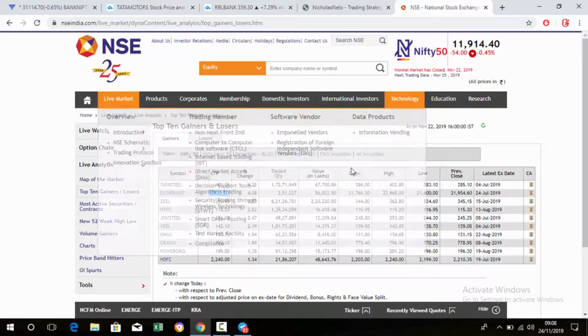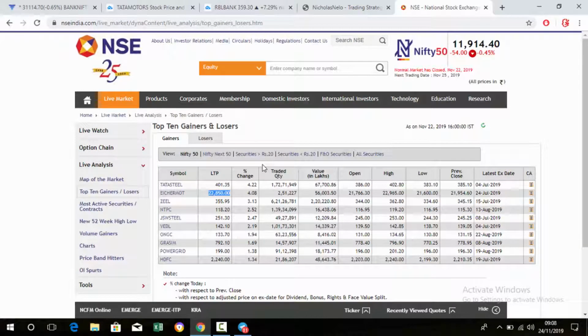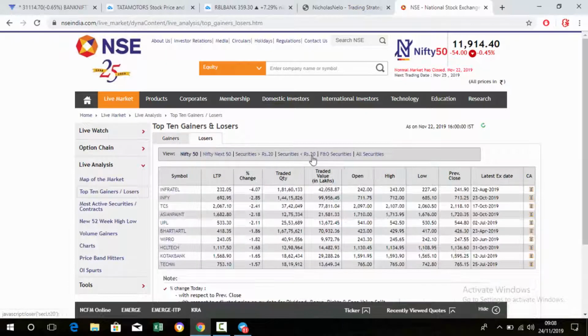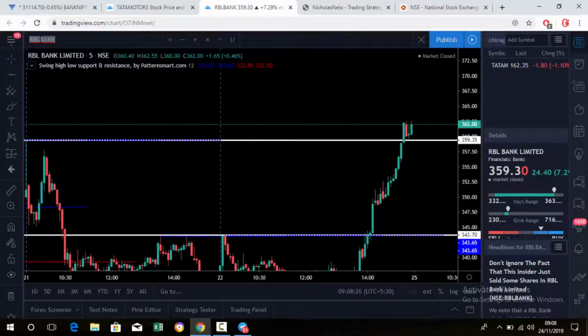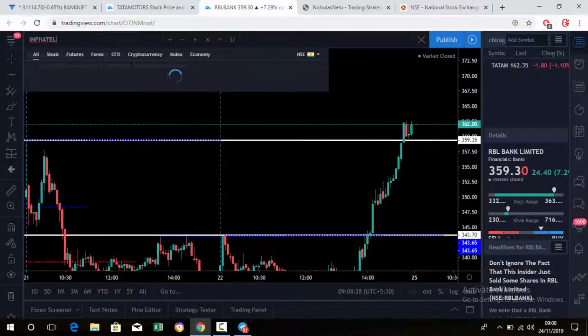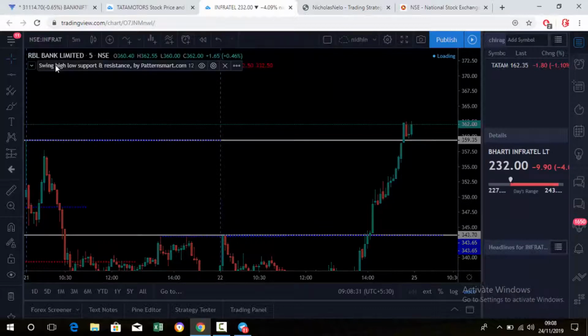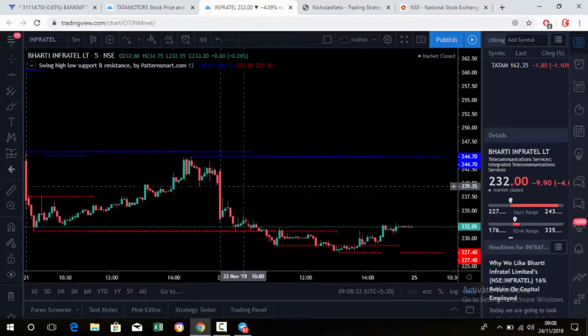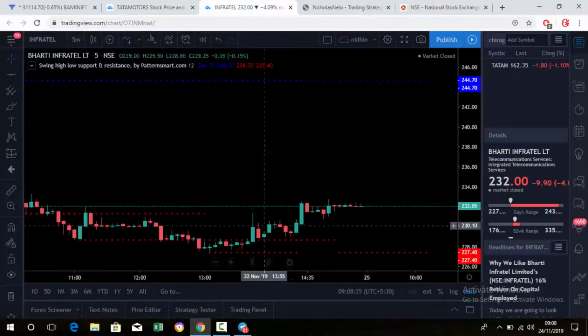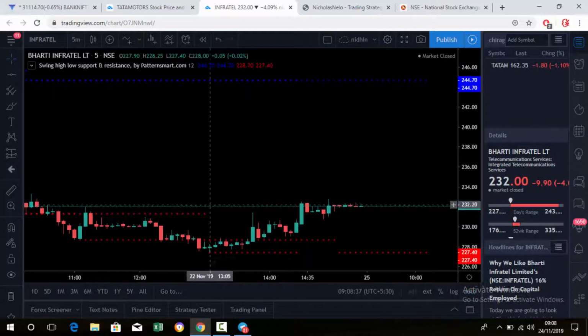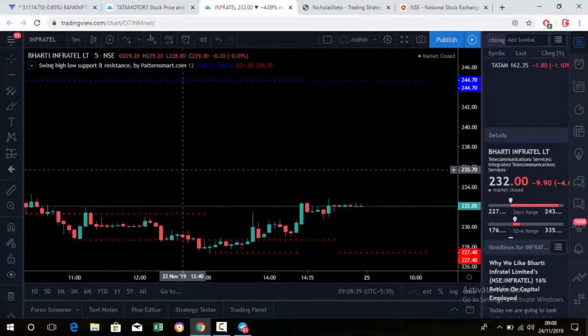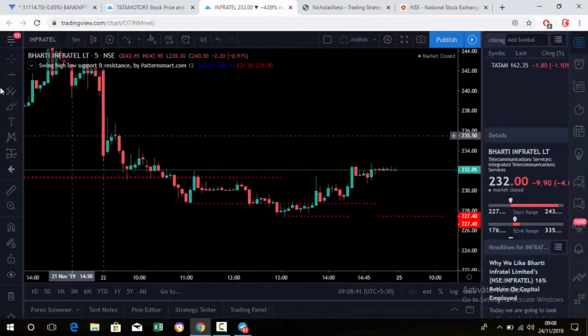And if you want to check another stock, now we pick from the loser stocks, FNO, which was a top loser on that day. So Infratel, just check Infratel. These are the two recent swing levels.